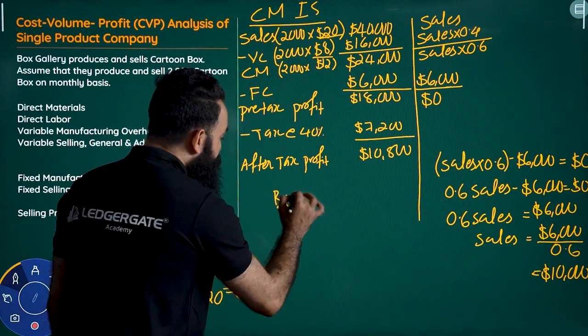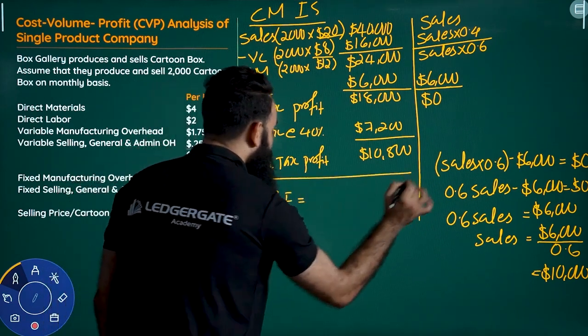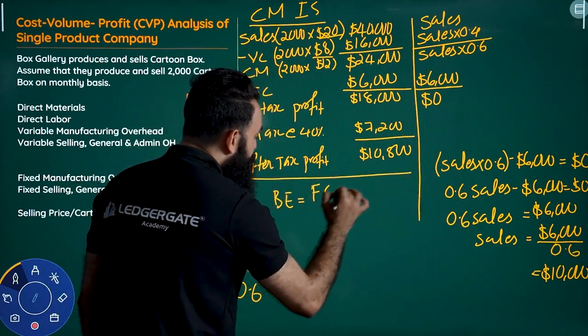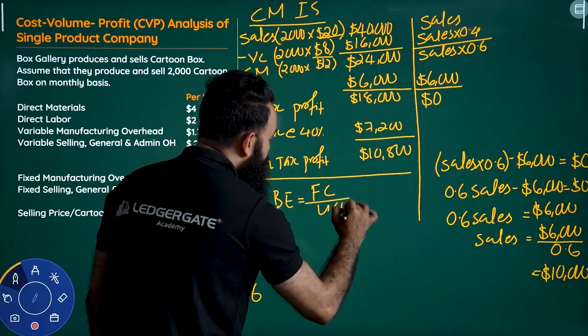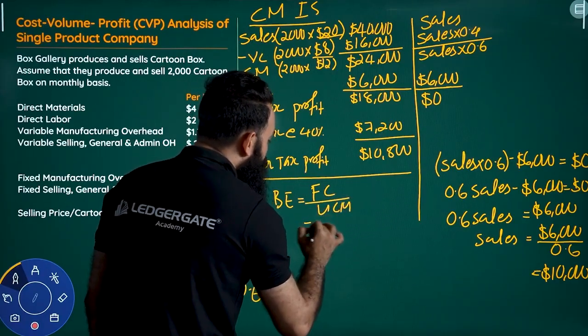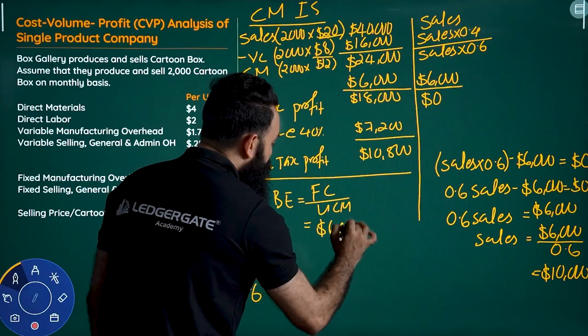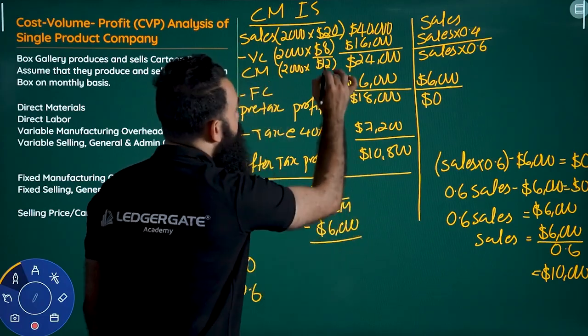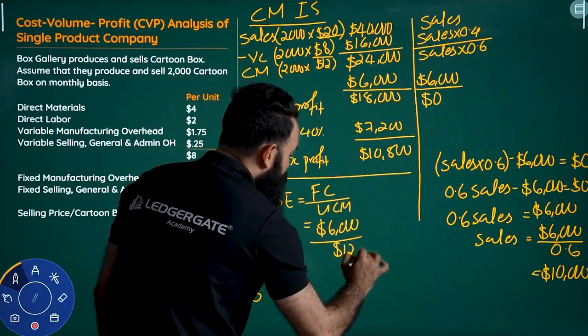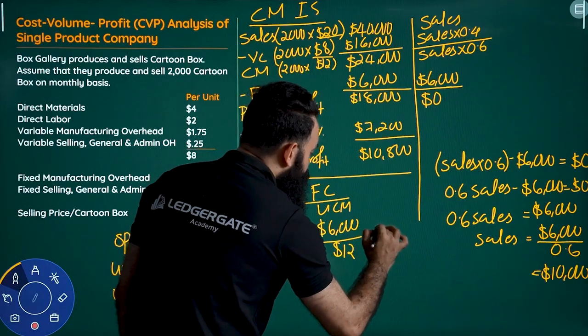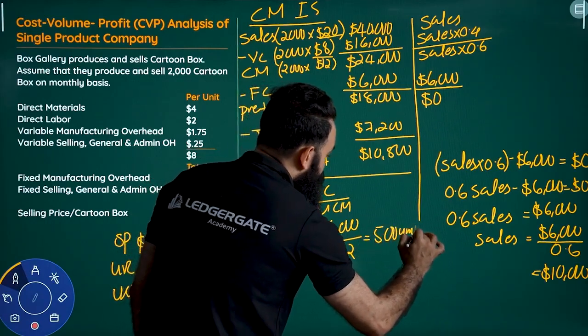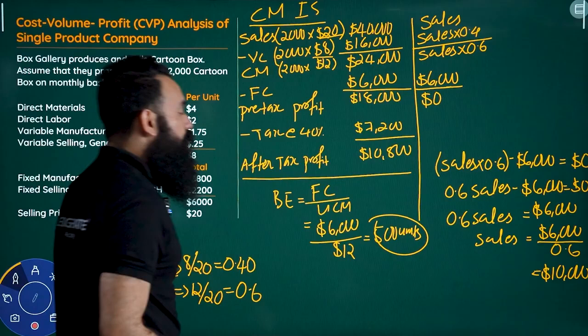Do you remember previously our break-even in units? We developed a formula for this, right? What was that? Fixed cost divided by unit contribution margin. Fixed cost, as we know, is $6,000, and unit contribution margin was $12. Our break-even in units was 500 units.